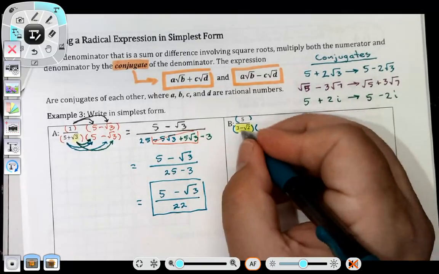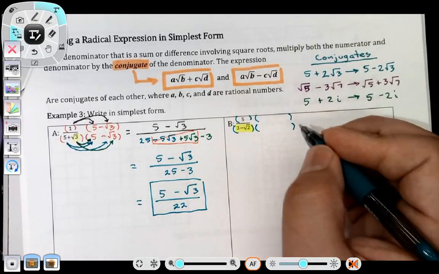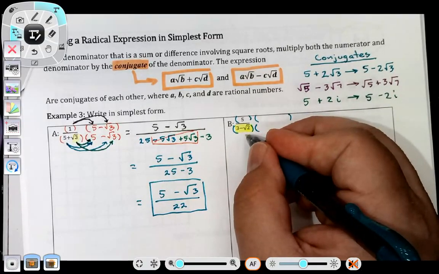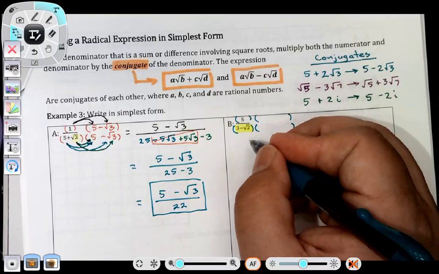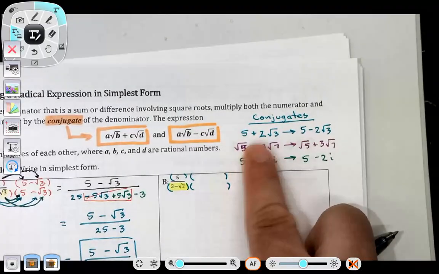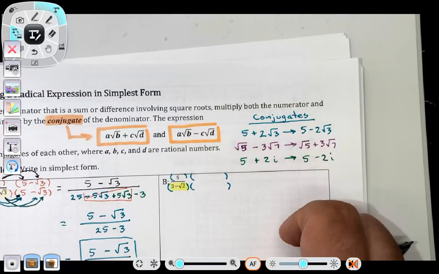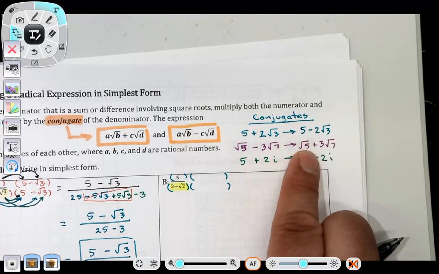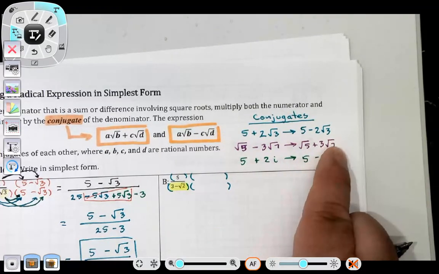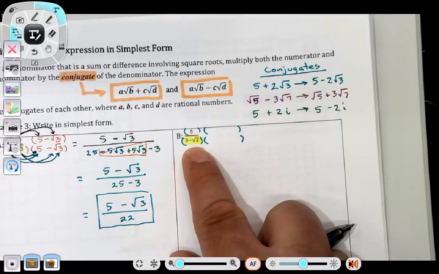What's the conjugate of 3 minus radical 2? Conjugates: 5 plus 2 radical 3. Conjugate, 5 minus 2 radical 3. 5 minus 3 radical 7. Conjugate, radical 5 plus radical 3. Sorry, 3 radical 7. So what's the conjugate of 3 minus radical 2?